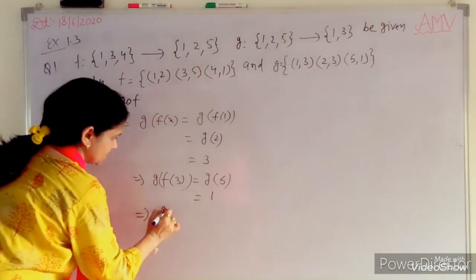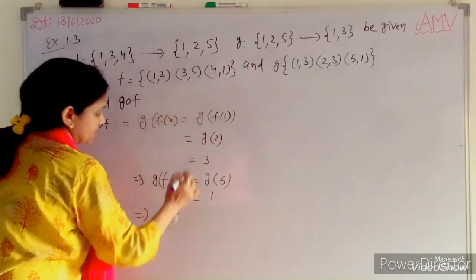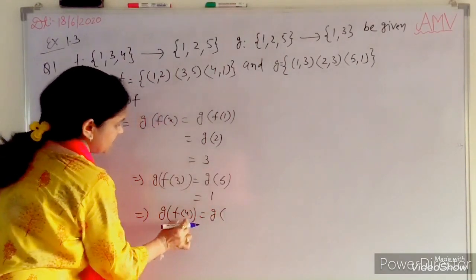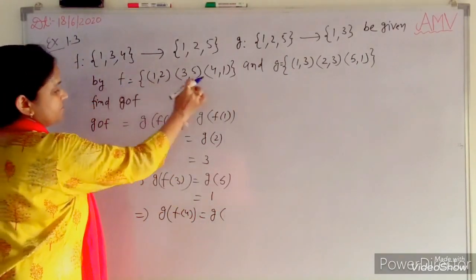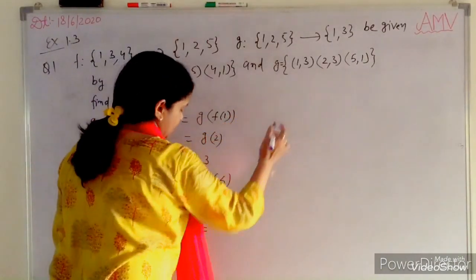Next, g(f(4)). The third element is 4. The image of 4 under the function f is 1, and g(1) is 3.